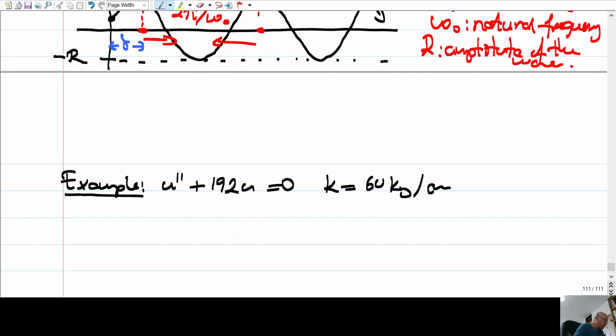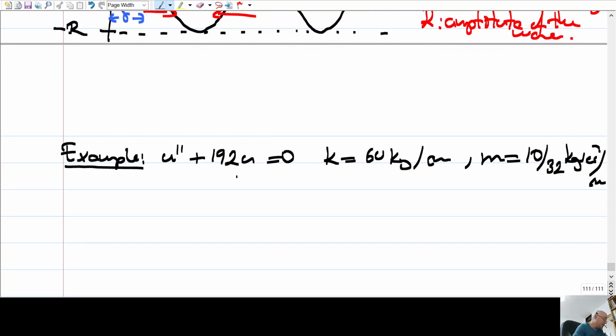And mass is 10 over 32 kilogram second squared over centimeter. Then this is the equation.